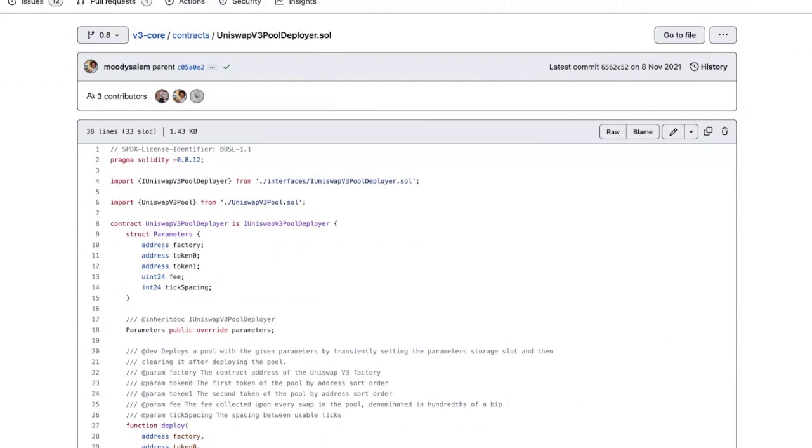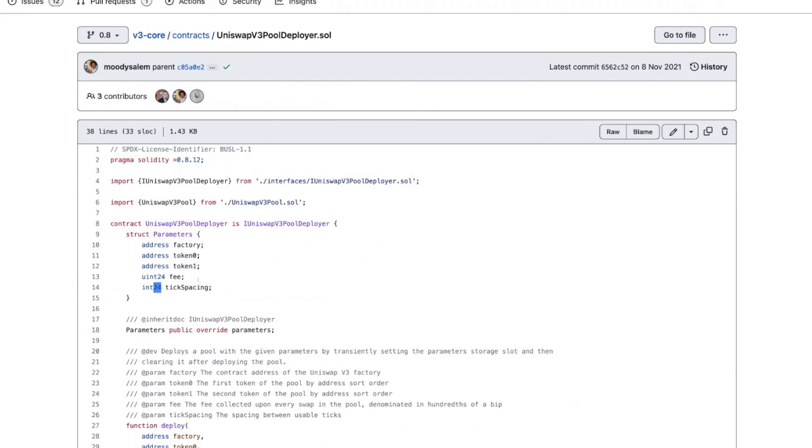So each address is 20 bytes out of the 32 of a slot, so none of these would pack together, since you can't fit two in one. But the uint24 takes up 24 bits, which is 3 bytes, and another 3 bytes here.